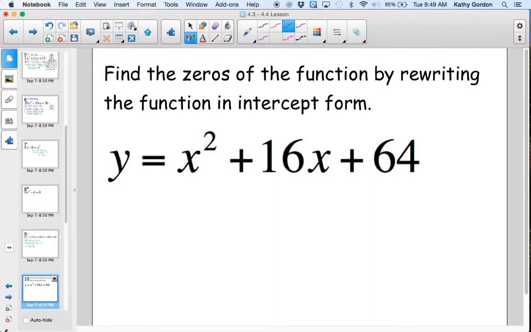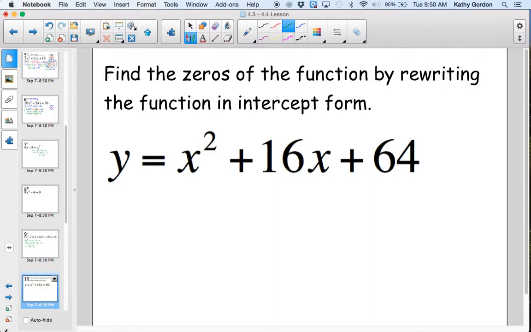Okay? When we have an equation where there's only one variable involved, then we're generally looking for solutions to that equation. When we have a function where there's two variables involved, we're still going to go through the same process of factoring and then finding the values that are going to make each factor equal to 0.